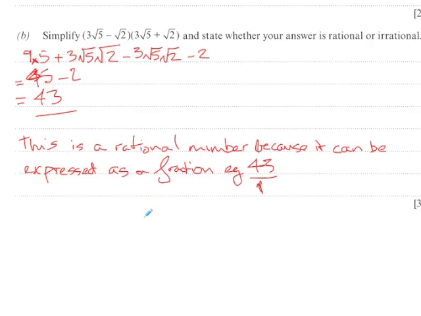An irrational number is one that can't be entirely expressed as a fraction, so they're numbers like pi. If you divide them out, you just keep on going forever.